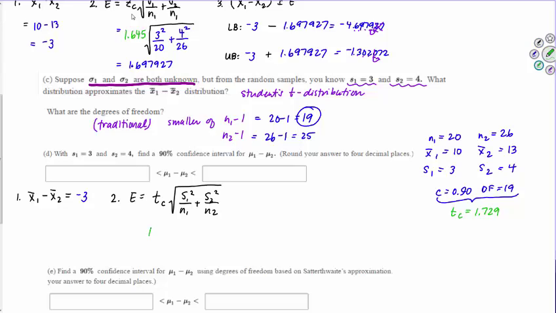So plug in the values we have, 1.729 for t, the square root of 3 squared plus 4 squared, 3 for the sample standard deviation of the first population and 4 of the second, and then the first sample size was 20 and the second sample size was 26. So let's see what this value gives us.